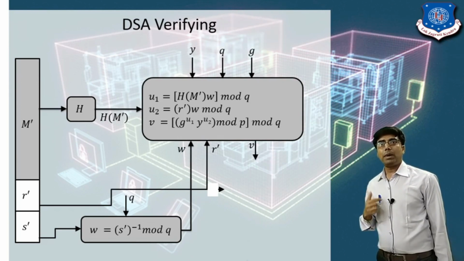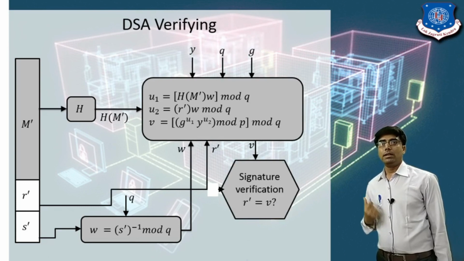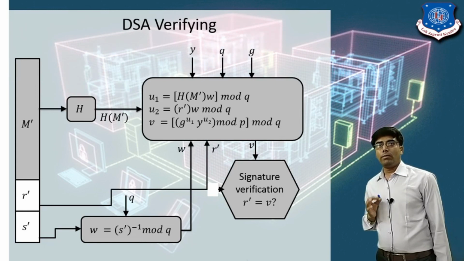Now W is input to U1 and U2, and again Q is input to U1, U2 and V. Q and R dash are also input to the U2 function. Now we input three things to V: Y, the public key of the sender, and Q and G, the global public key components. After applying this, it generates V. Now we have to match R dash and V. If both are equal, it means the signature is verified by the receiver.